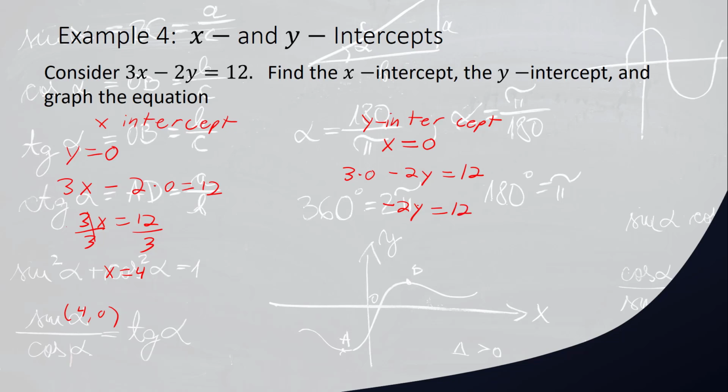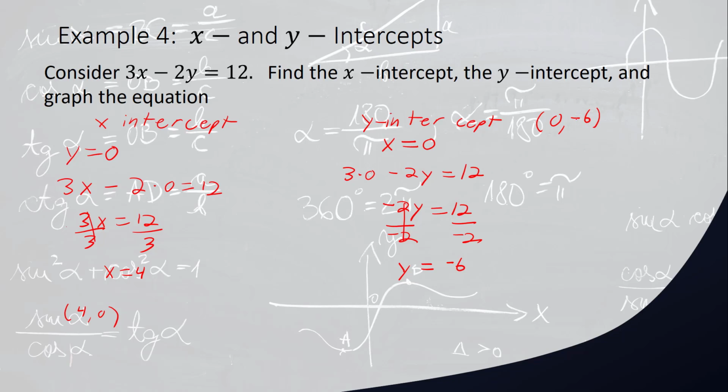We can isolate y by dividing out the coefficient minus 2. So divide minus 2 here, divide minus 2 here. These cancel, and we have y is equal to 12 divided by negative 2, which is negative 6. So the ordered pair associated with the y-intercept is going to be 0, negative 6.